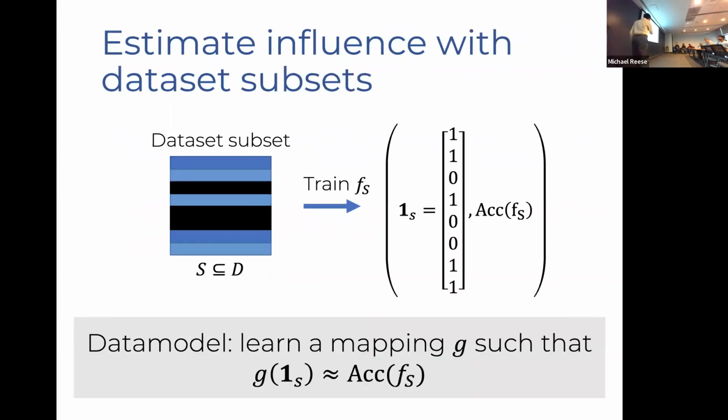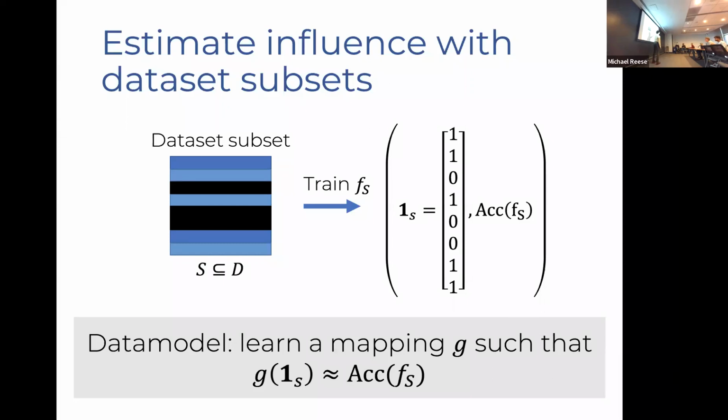So the main tool that we're going to use here is something called data models, where instead of removing one example from your data set, we're actually going to remove a subset. Okay, so we're only going to train on a subset of our data. Let's say in this case the black corresponds to data that we removed. Then we train a model on the subset, and we get some accuracy.